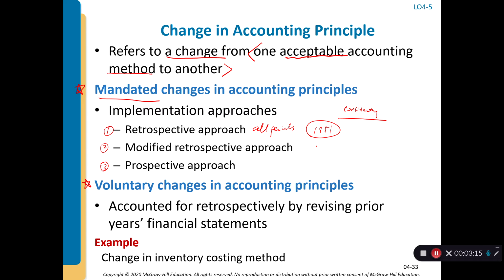Okay. And the second method is called the modified retrospective method. In this method, the new standard only applies to the adoption period only. Okay. So prior periods of financial statements do not need to be restated. And then the question is, okay, then how are we comparative?